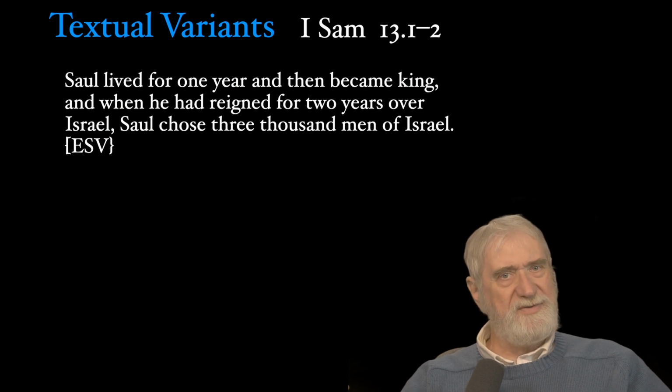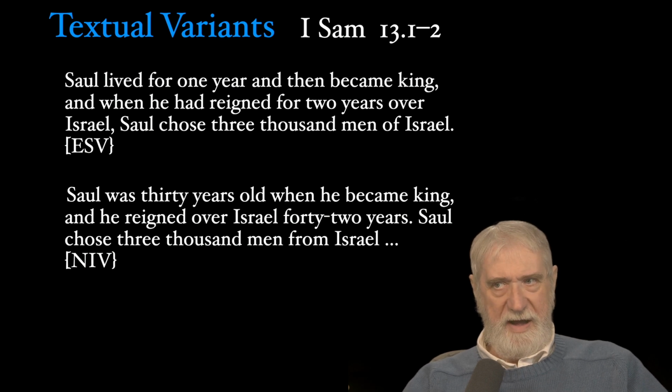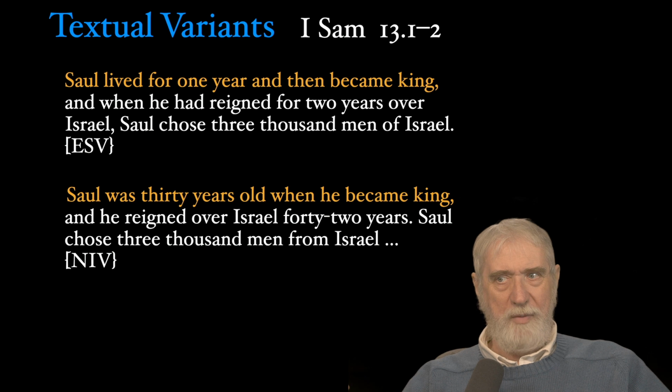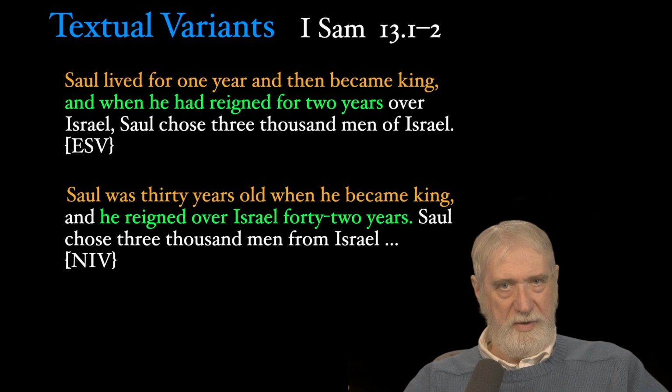But let's compare that to the NIV. The NIV says, "Saul was 30 years old when he became king and reigned over Israel 42 years. And then Saul chose 3,000 men from Israel." So this is a very different reading than the ESV has.